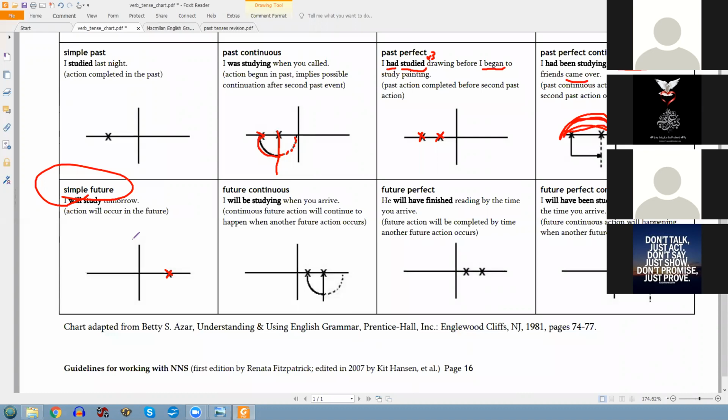Now, the last two, a little bit tricky. I want to get these done. We only have a couple of minutes left. What do we use future perfect for? As you see from the diagram, we've got two actions. In the same way as past perfect, it's to establish which we expect will finish first.